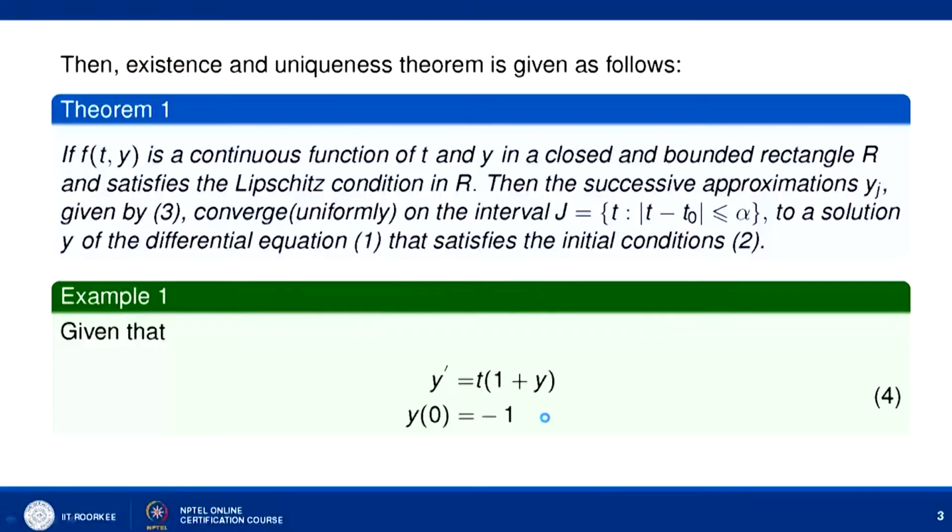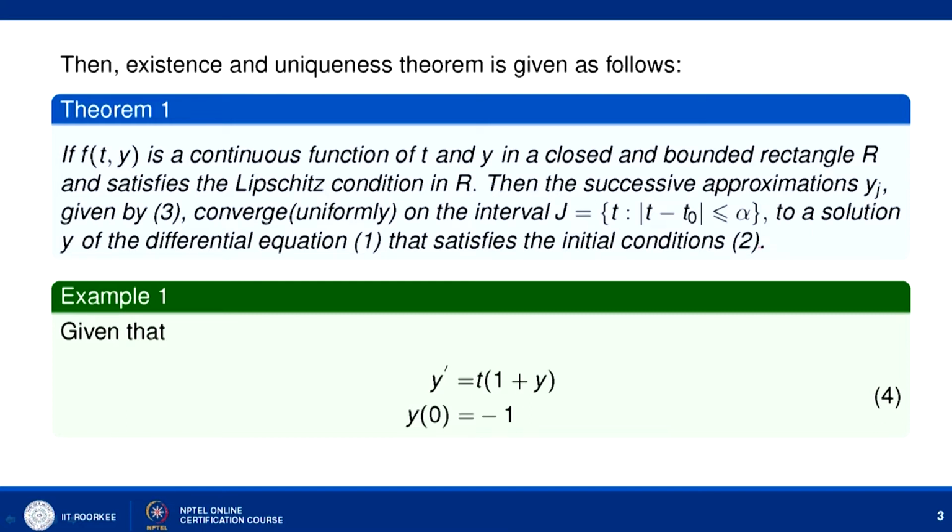If f(t, y) is a continuous function of t and y in a closed and bounded rectangle R and satisfies the Lipschitz condition in terms of y in R, then the successive approximations y_j, which we have defined earlier, converge uniformly on the interval J, where J is defined as all t such that modulus of t minus t0 is less than or equal to alpha, where alpha is the minimum of a and b by M, to a solution y of the differential equation 1 that satisfies the initial condition 2. So, this we have discussed.